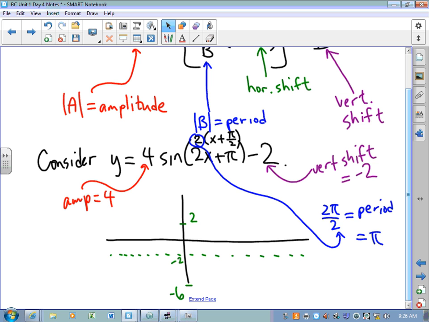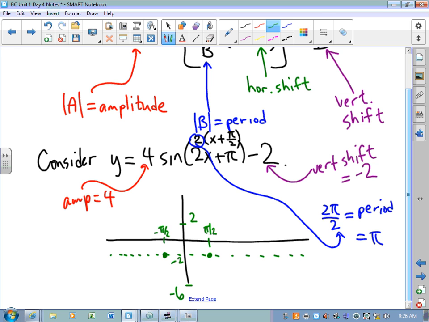So what do I know? I know that at -pi over 2, I start a sine curve. So here's -pi over 2. I'm going to start a sine curve. And I know that that sine curve has to end after a period of pi. So at +pi over 2, I end the cycle.